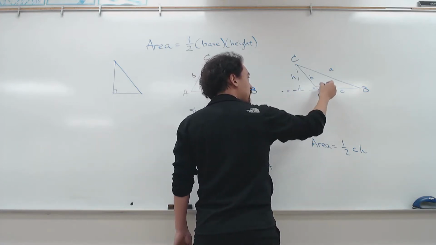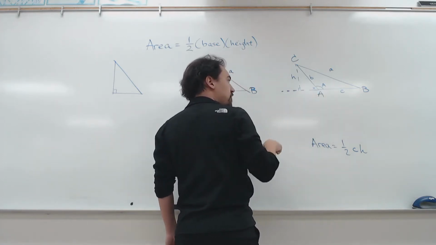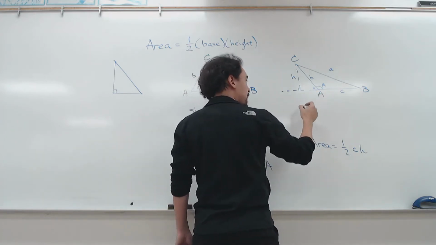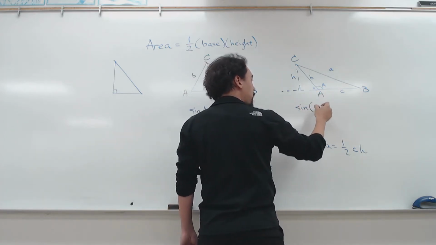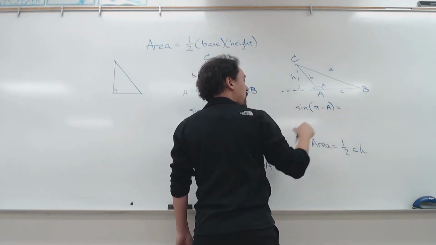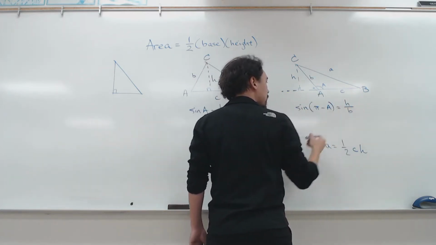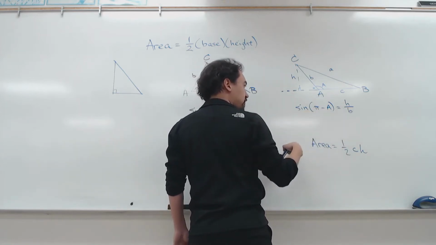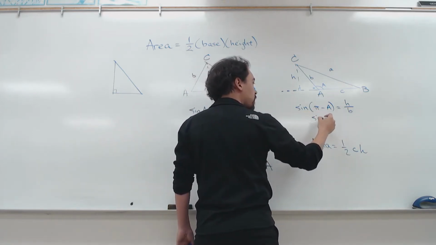Remembering that this is angle A, that means this is going to be pi radians minus A. We can say that sine of pi radians minus angle A is equal to opposite over hypotenuse. But remembering the identity that sine of pi minus an angle is the same thing as sine of the angle itself.